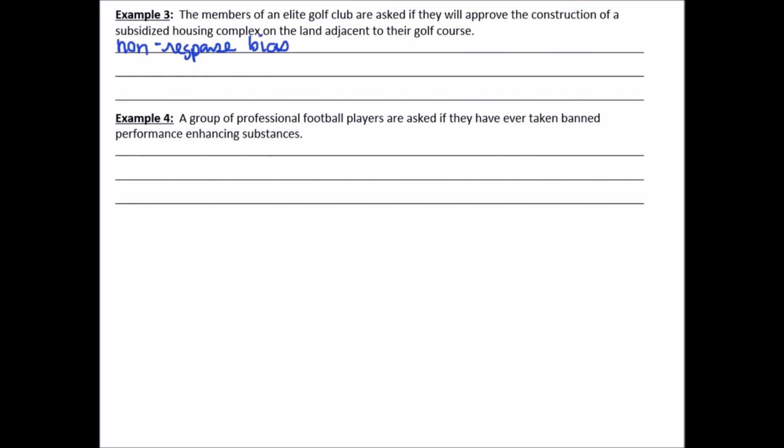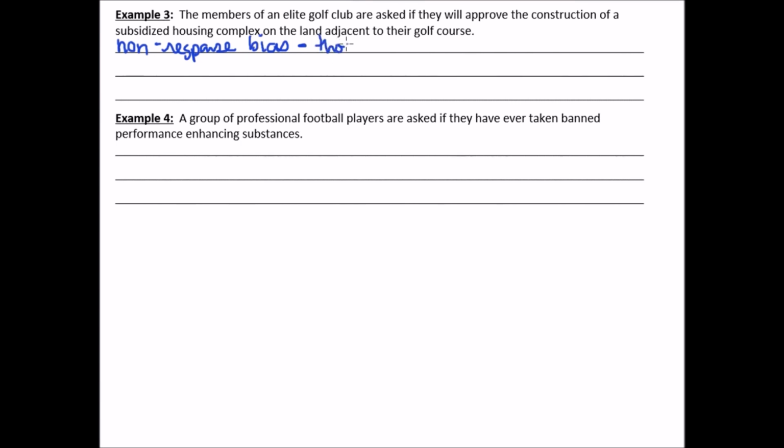And the reason is because the members of the elite golf club who don't agree with the subsidized housing complex next to their golf course are going to speak up. And the individuals who are very indifferent may not even take part in the survey, right?